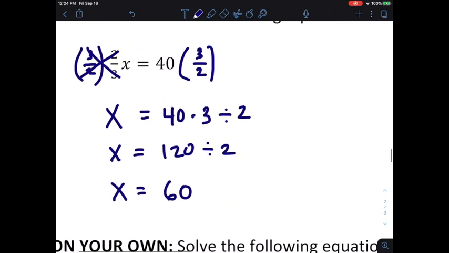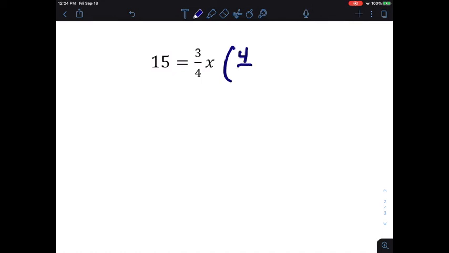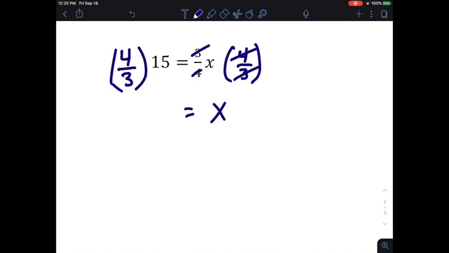Okay, let's do another one, just to get a little practice. Now we flip this one around, the variable's on the right-hand side, but that's okay. We can still do the same thing. We're going to multiply by this fraction, and we're going to flip it over. So we have multiplied by 4 over 3. So we're going to do the same thing on this side. Okay, so the 4 cancels the 4, the 3 cancels the 3, so we have x over here.